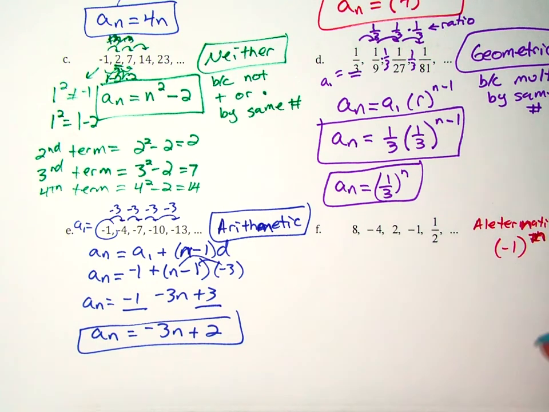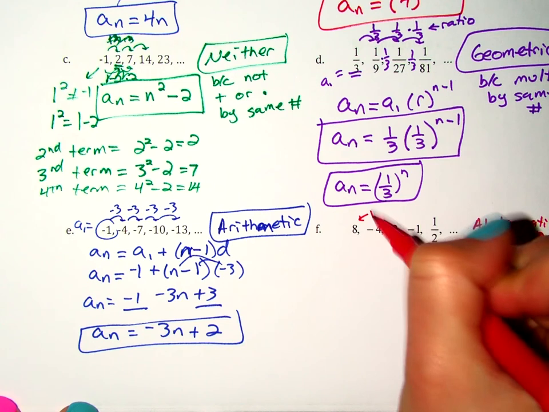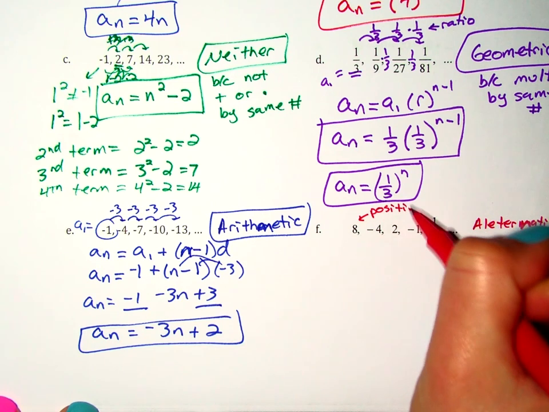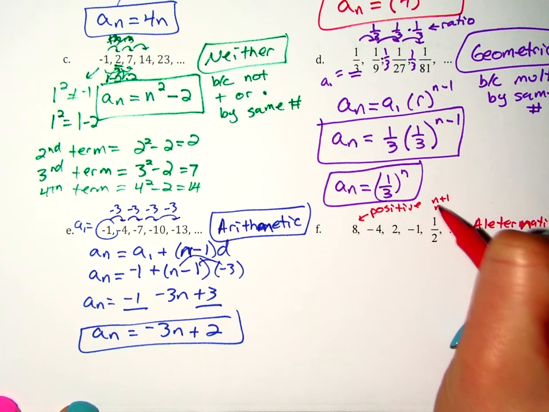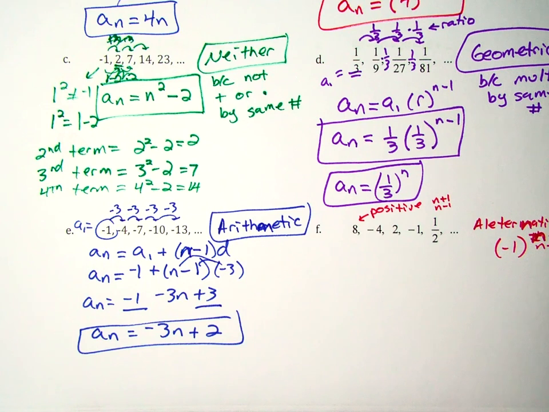So we're going to have to look, and it's either n plus 1 or n minus 1 because it starts out positive, depending on how the problem works out.